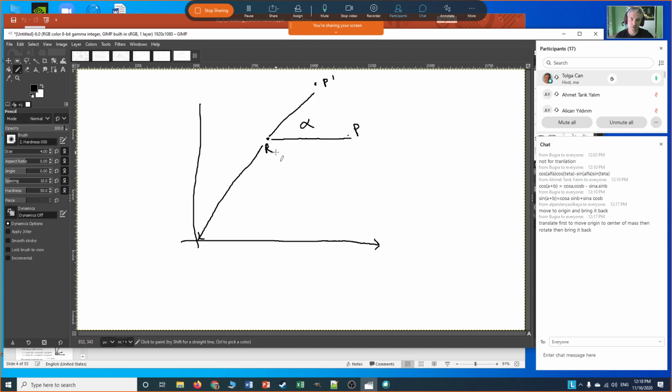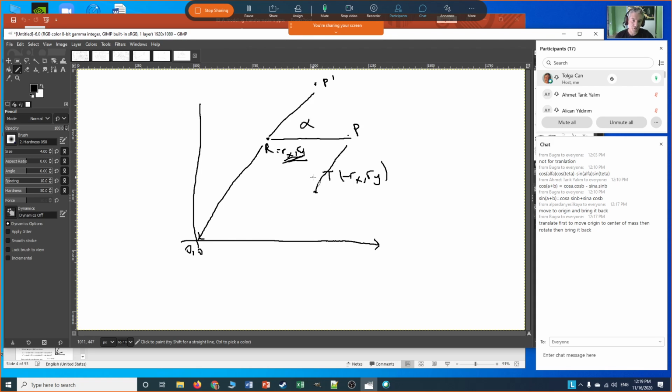I know the coordinates of R to be Rx and Ry, so what I need to do is first apply a translation with minus Rx, minus Ry amount to the point. If you apply this minus Rx, Ry to R, it becomes 0, 0, right? So it becomes the origin.